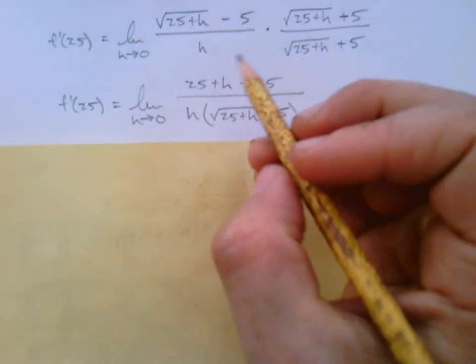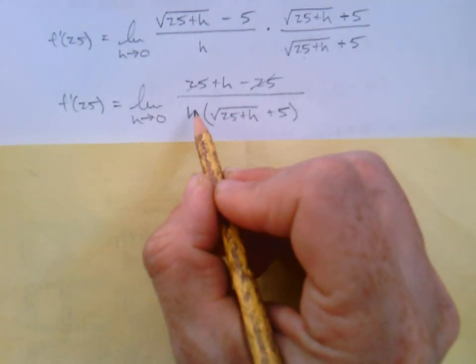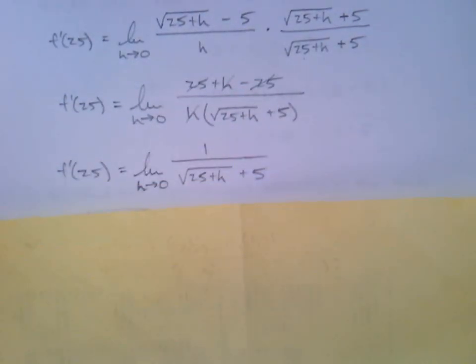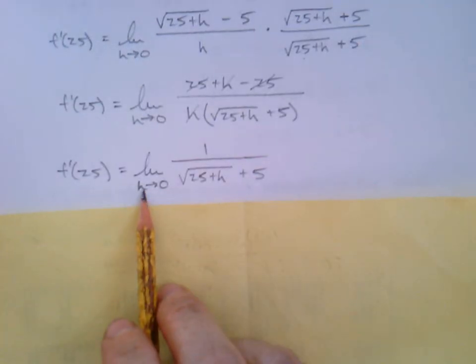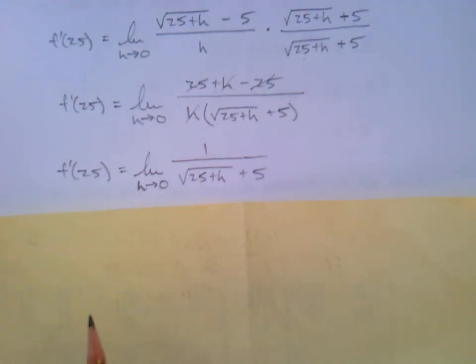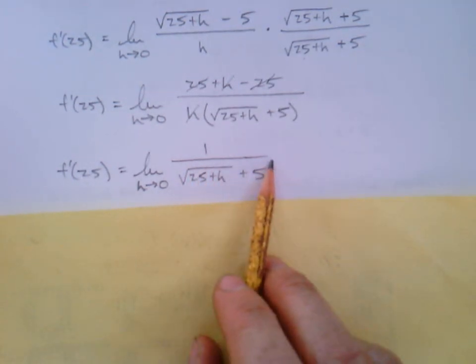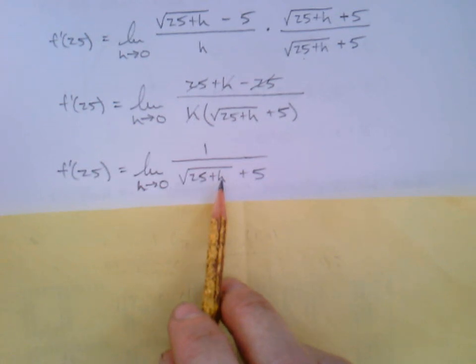And then once you get to this point, maybe it is easier because, of course, those 25s cancel out. Then the h reduces, and all we have is a 1 there on top. So f prime 25 equals the limit as h approaches 0, 1 over square root 25 plus h plus 5.